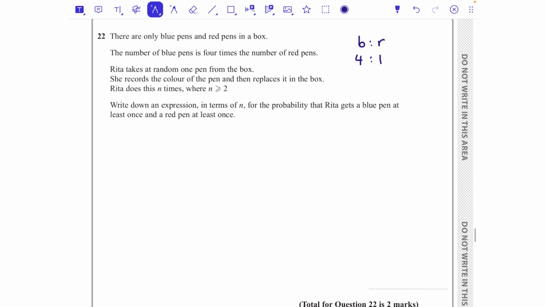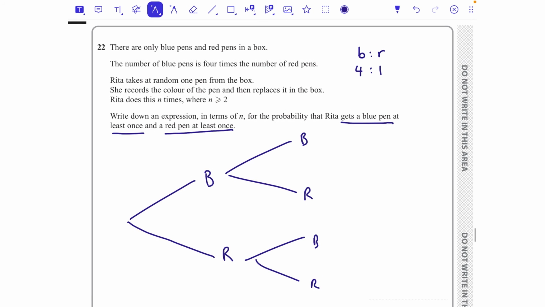So we want a probability tree here, and we've got blue and we've got red. So she's going to take a pen out of the box, she records it and puts it back in the box, and then she's going to do it again, but she's going to do it n times. So let's see if we can spot a pattern here. We've got blue, red, and then let's go again, because this might just be easier to spot a pattern.